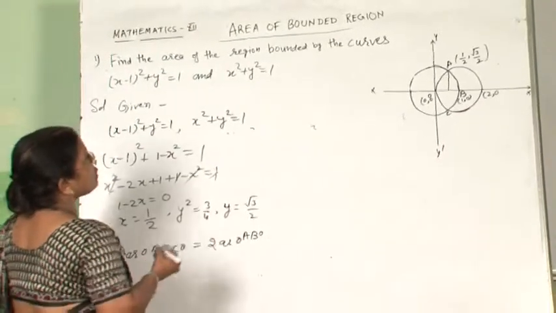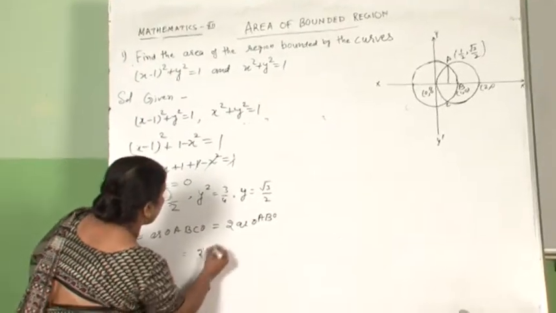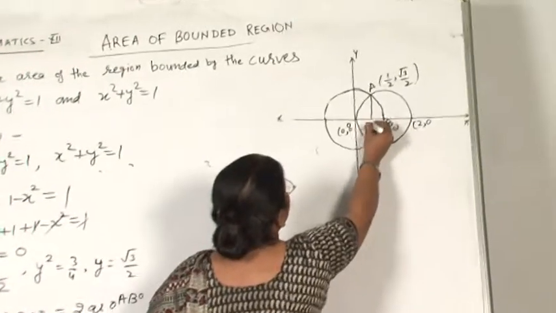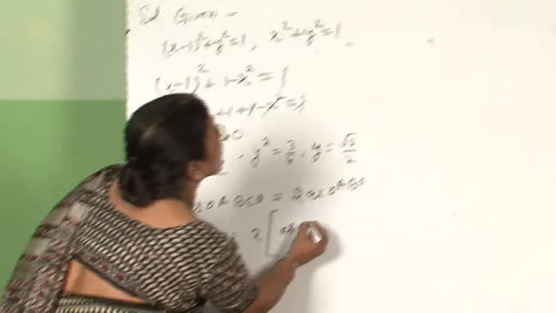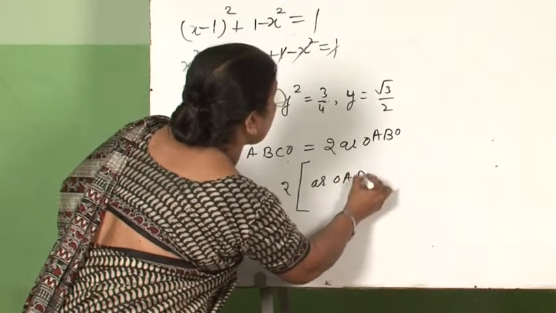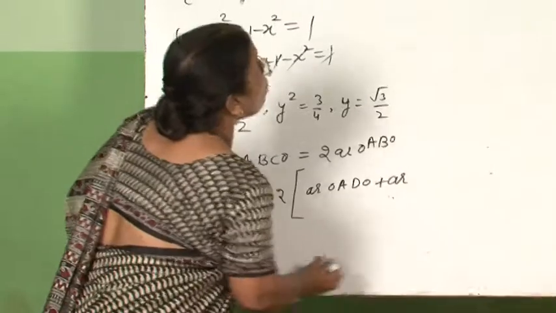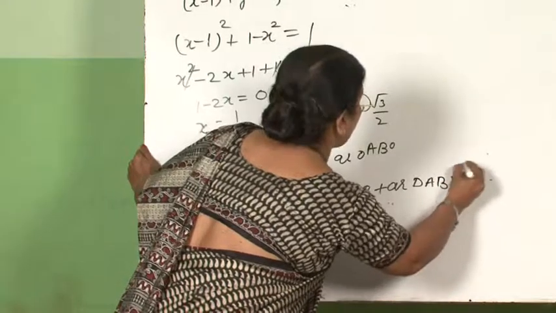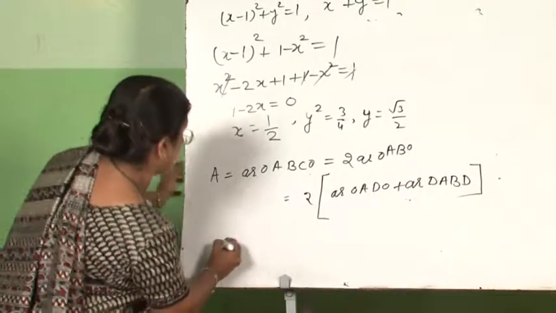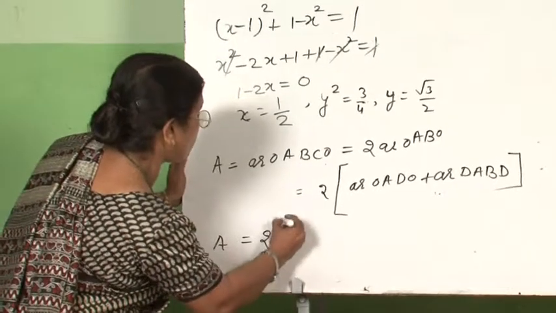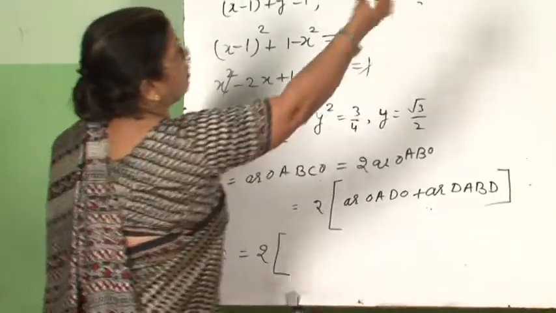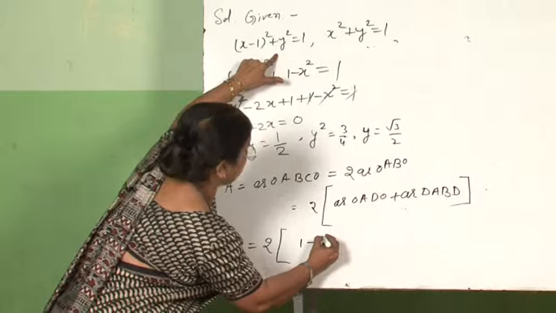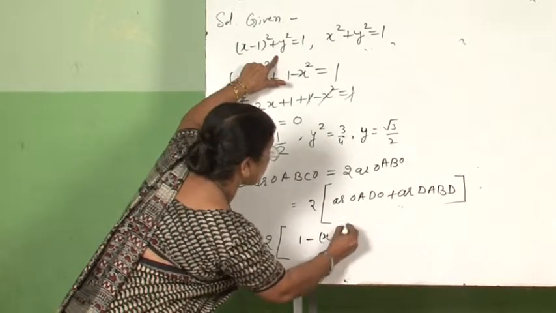So, we can break this in 2 parts, that is 2 times of area of OADO plus area of DABD. Now, area of this becomes 2 times of value of y from this circle. So, this is square root of 1 minus (x minus 1) square.